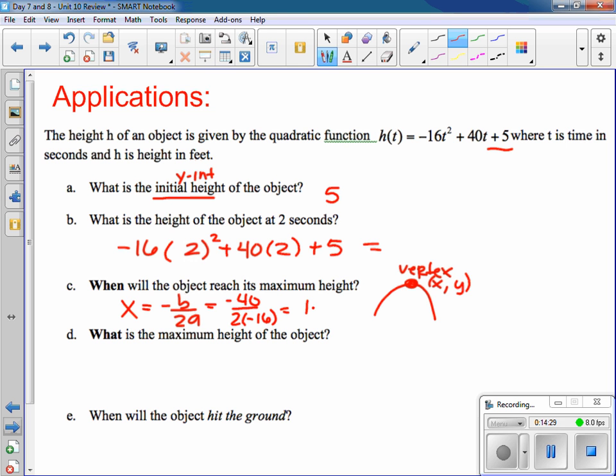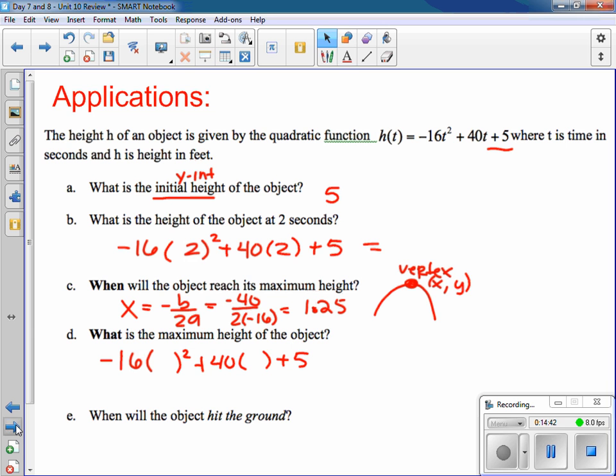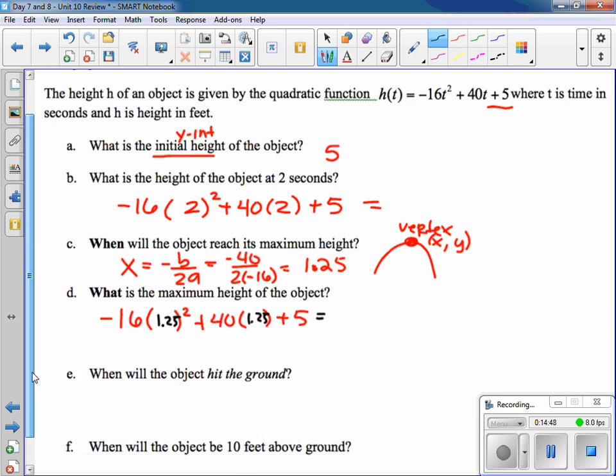And I believe you get 1.25 when you do that. Okay. And then you're going to take that answer and write your equation again. But instead of writing t, we're going to replace t with 1.25. And then you just have to calculate that to get what the maximum height is.